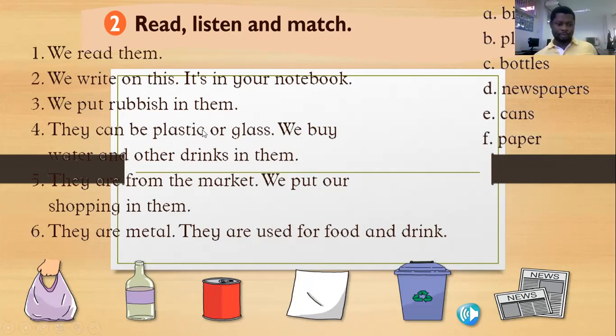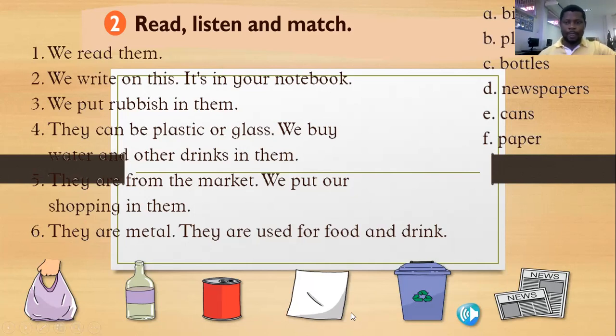They can be plastic or glass. We buy water and other drinks in them. 5. They are from the market. We put our shopping in them. 6. They are metal. They're used for food and drink.